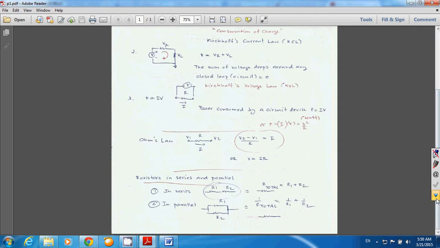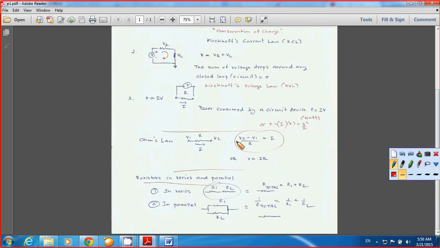And you cannot miss Ohm's law, which states that V equals IR. Looking at the picture here, the current flows from left to right, and of course the current flows from the lower voltage to the higher voltage.